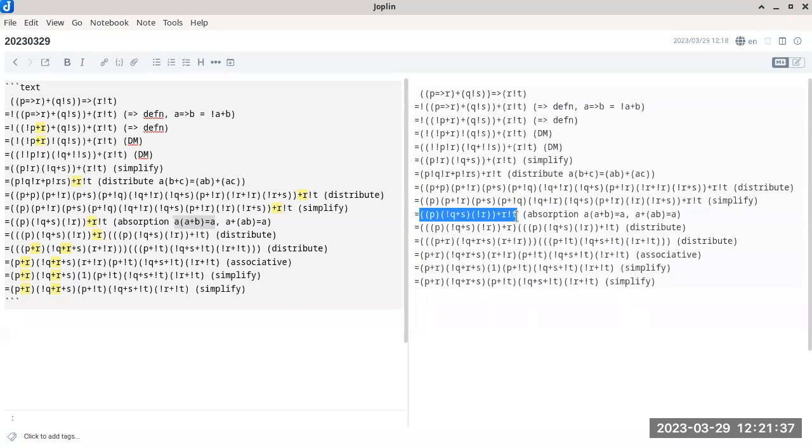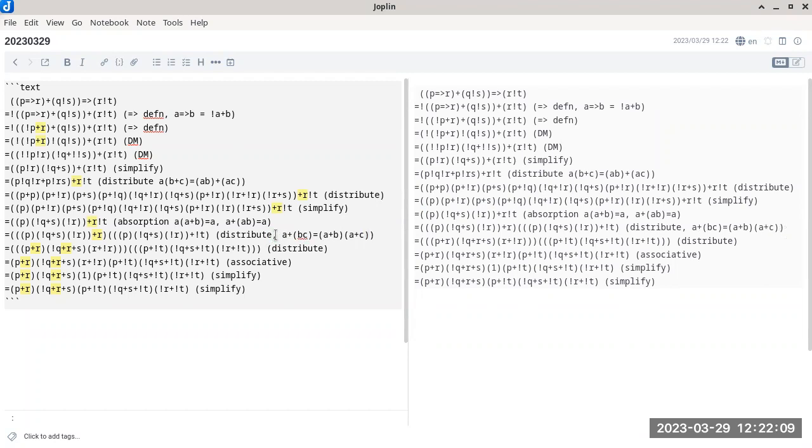Okay. So now what do we do? We apply distribution. This particular distribution is looking at this entire thing as one thing, and then we are distributing over this side over here. Let me add a description of this distribution. We are looking at A or (B and C), and that is the same thing as (A or B) and (A or C).